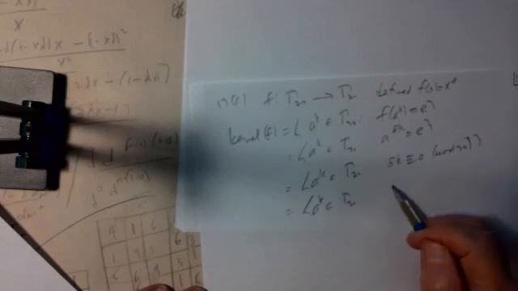Now, a is order 20, so a to the 8k is the identity if 20 divides 8k. 8k congruent to 0 mod 20. You can divide this by 4. This is the same as 2k congruent to 0 mod 5.